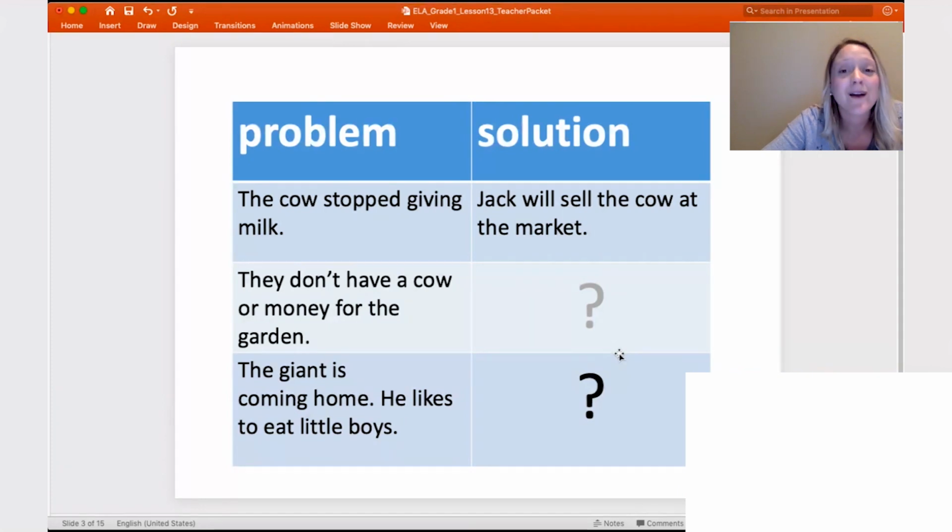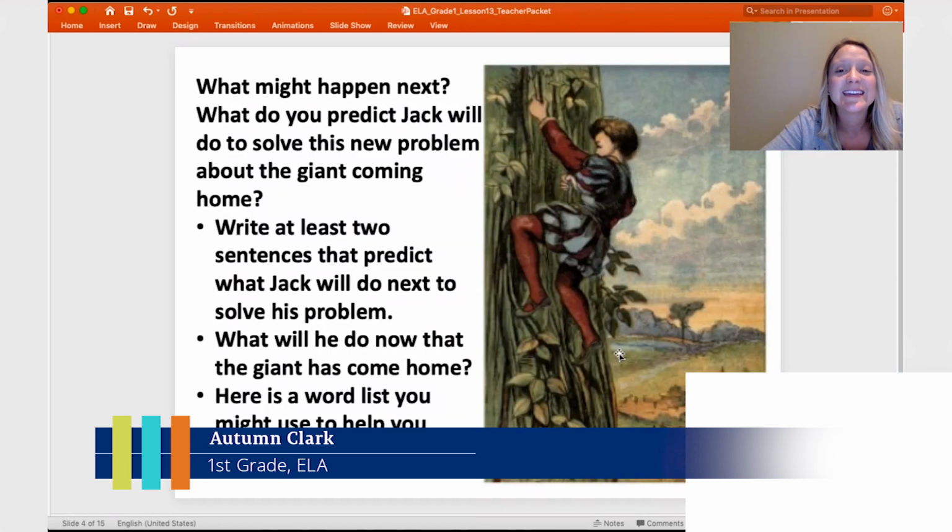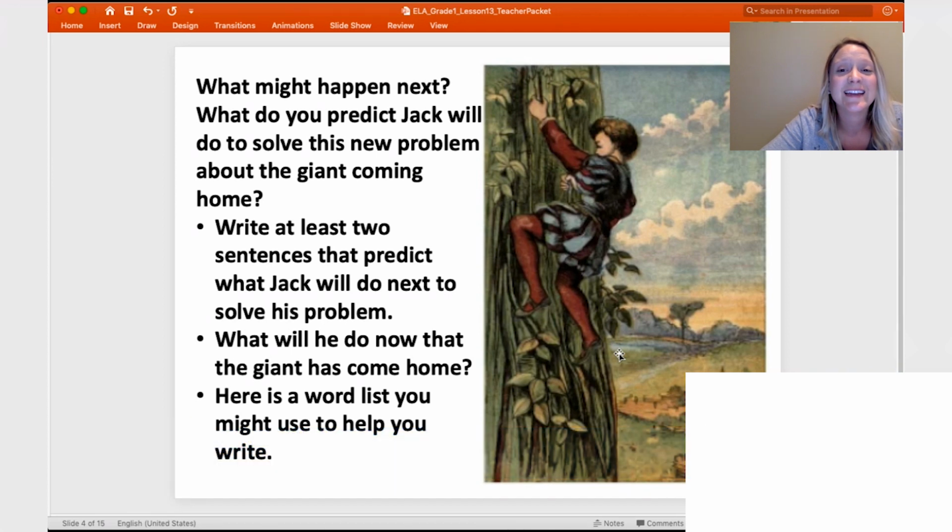Jack's new problem was that the giant came home while Jack was inside the giant's house eating breakfast. Did you think about what might happen next? What did you predict Jack would do to solve this new problem? I bet you all had some great guesses, and I bet we're going to find out if your predictions were correct today.